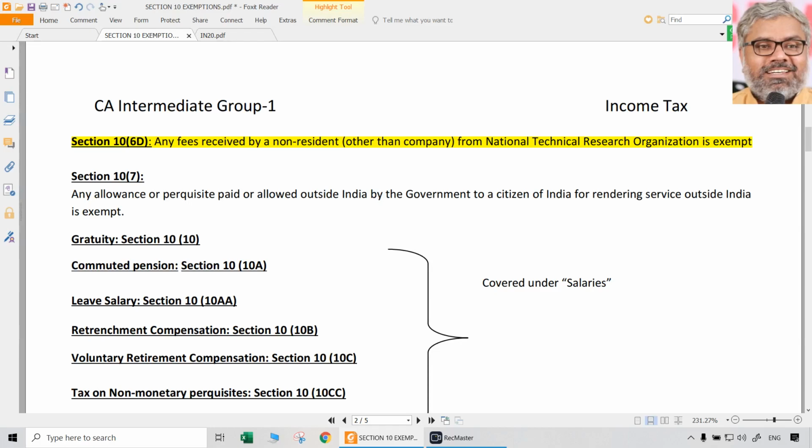All that income is exempt from tax. That's all, simple. So the name to remember here is National Technical Research Organization. You see this name in the paper. If any amount is paid by them, the other person's income is exempt. Of course, that other person should be a non-resident. So such income or fees received by such a person shall be exempt.